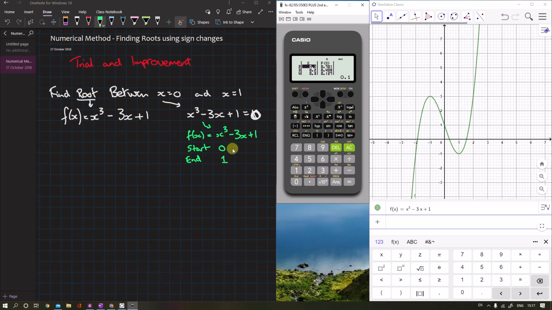So we've actually found a list of numbers there, and to find the root what we're looking for is the change of sign. So I can actually do a table of values and say x and f(x) and sign, and we can find the root by a change of sign.